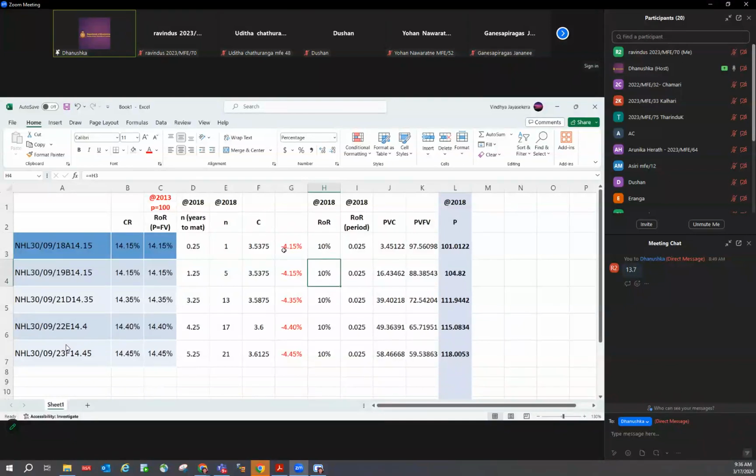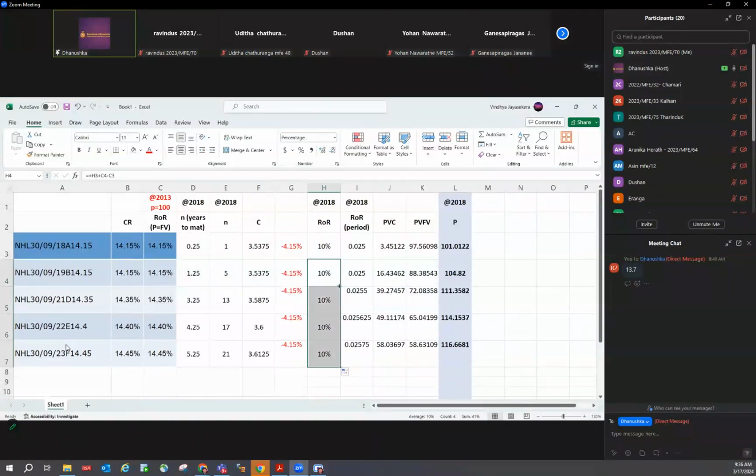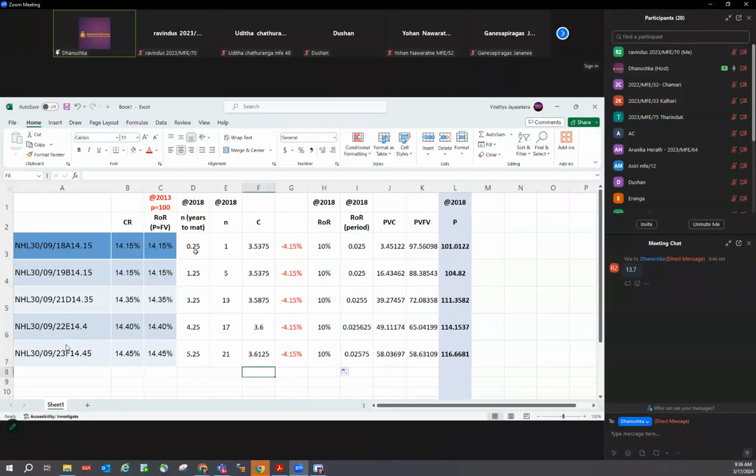I keep the interest rate drop the same across the board. So my required rate of return, I have changed somewhat. Why I have done that is, when the bond was issued, you saw that for the 5-year bond, I wanted a return of 14.15.